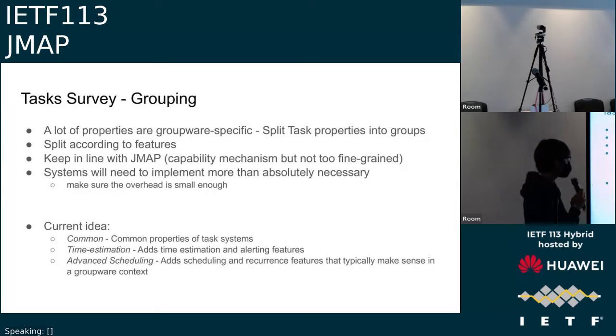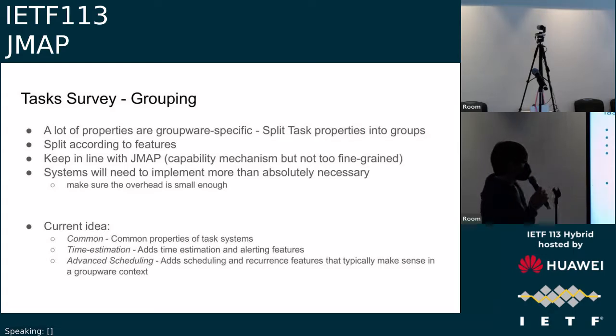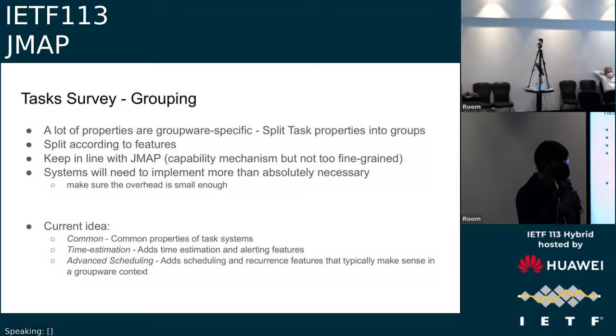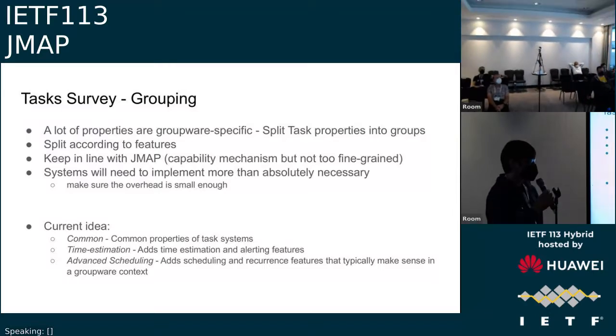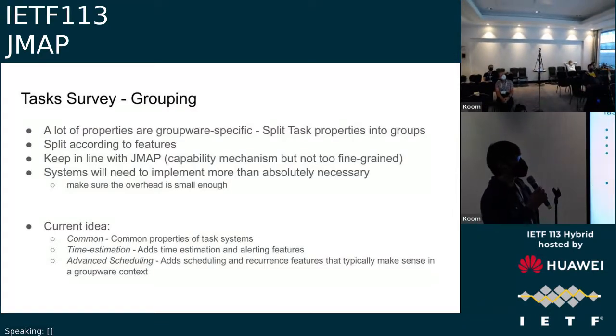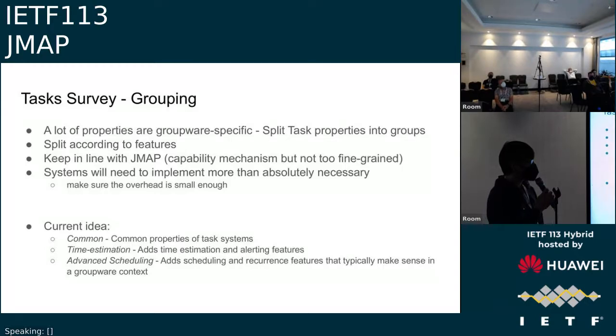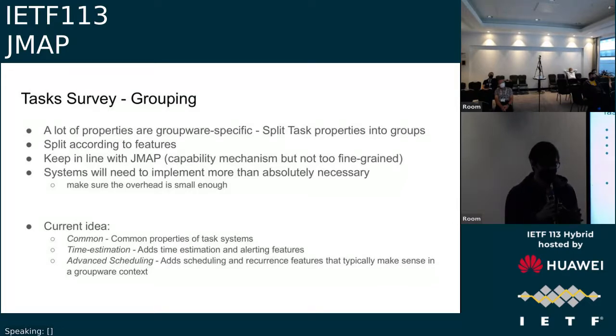Yes. So one big thing from the survey was grouping the properties somehow. Right now there are quite a lot of properties, and the plan is to add a bunch more, mainly to the JSCalendar object, or the JSEvent object. So the idea here is to group them somehow, because there are some systems that just don't need certain properties.